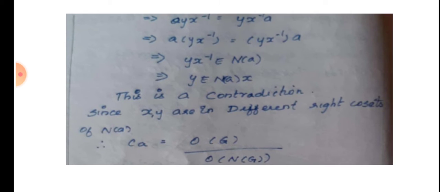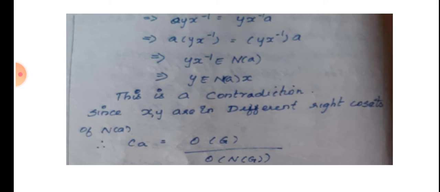So therefore we have proved that a into yx inverse is equal to yx inverse into a. This shows that a into yx inverse is equal to yx inverse a, which means that we can say that yx inverse commutes with a.